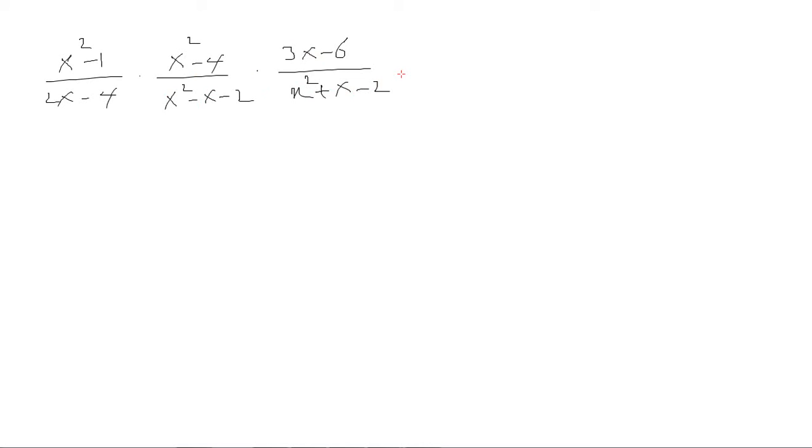So I need to factor all the polynomials that I see. So this one is x minus 1 times x plus 1. This one here is x minus 2 times x plus 2.